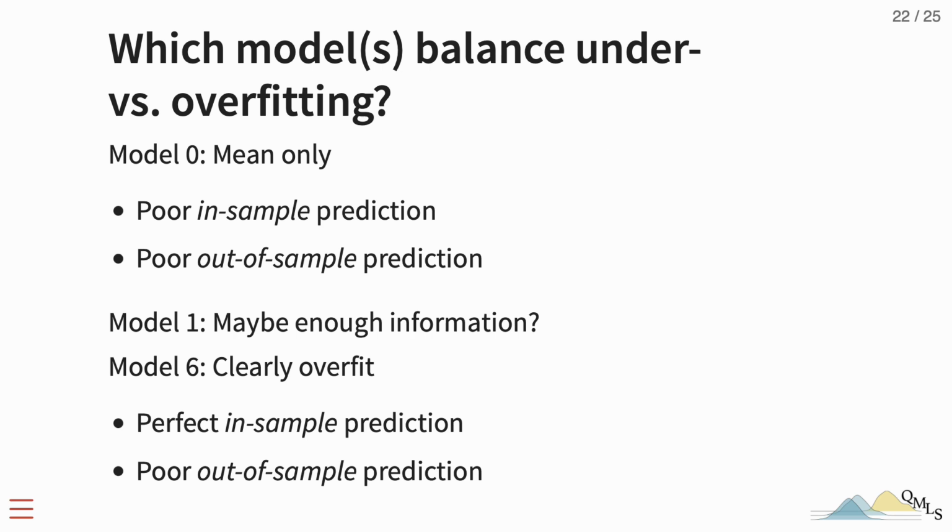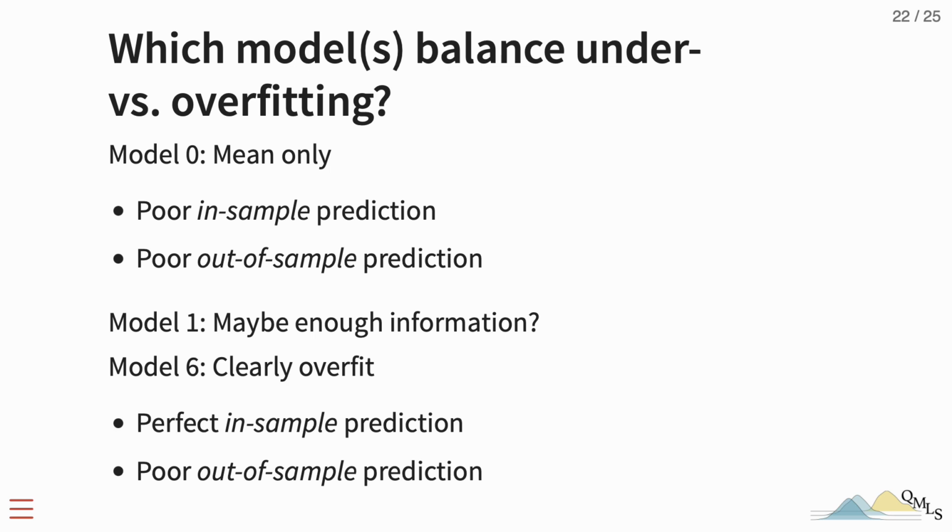All right, so then we might think about, without putting any analysis on it, which of these models is the best balance for underfitting versus overfitting. We could have a model, which we didn't even fit, with a mean only, where we predict that for every species the best estimate is the mean, everyone has the same mean.